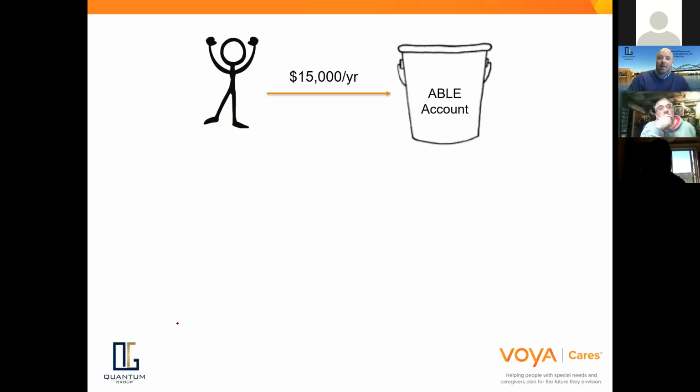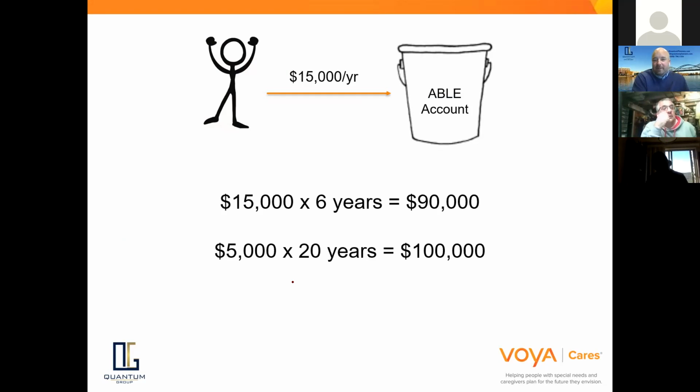If you do the math and you put $15,000 into this account for 6 years, you're going to reach $90,000 if it doesn't grow at all. And more than likely people will put in the ballpark of, say, $5,000 into the account, which would take 20 years to get to $100,000.